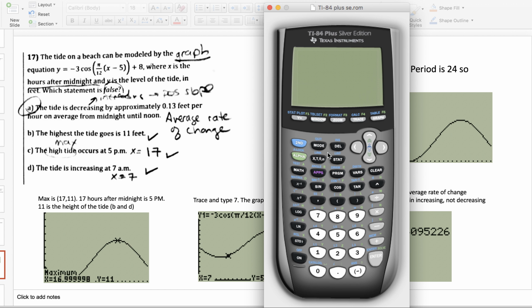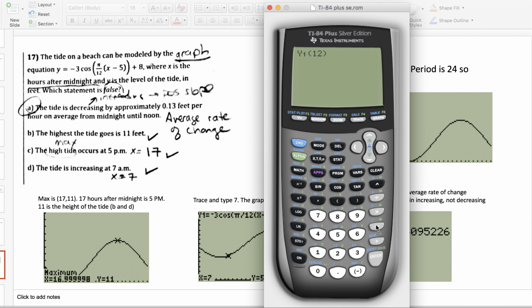Now there's an easy way to do this. If I typed the function into y1, I can go to vars, y-vars, function, y1 of 12, and that plugs 12 into the function. I just don't feel like typing that entire thing.